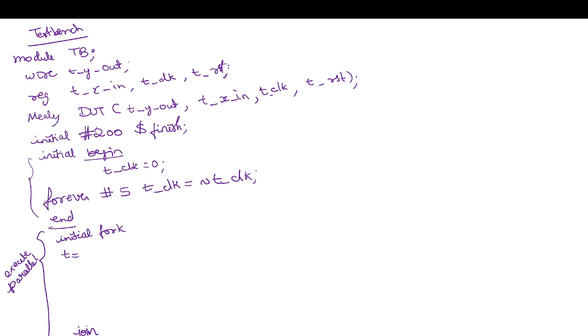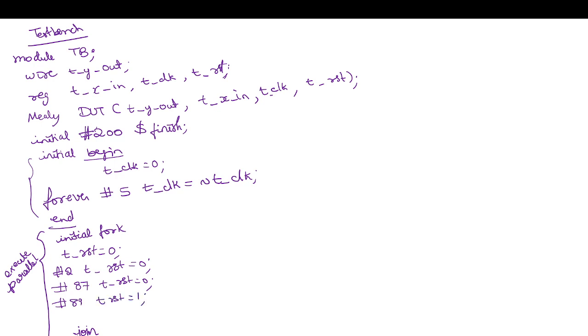At 0, test bench RST equal to 0. At 2, RST equal to 0. Now I can define some values. At 87, TRST equal to 0, at 89, TRST equal to 1.